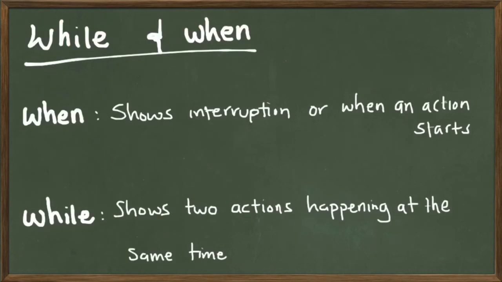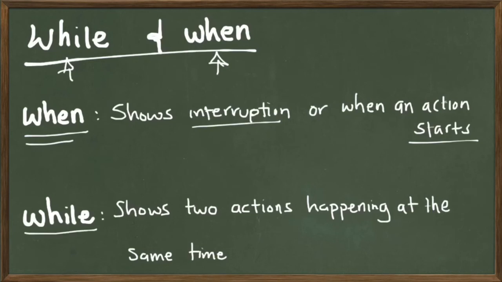Okay, now when we talk about past continuous, there are 2 expressions that is very important you remember, know, identify. We have while and we have when. Please make notes that when shows interruption or the beginning of an action. Then again, we're talking about the past.